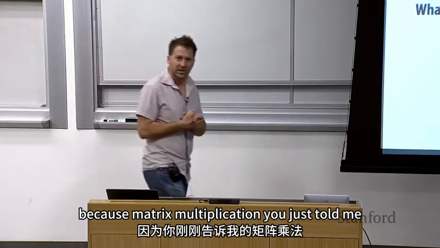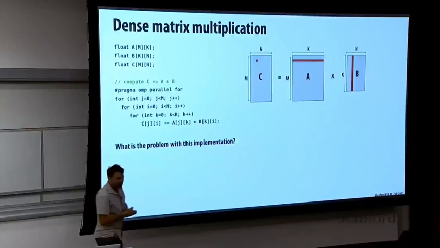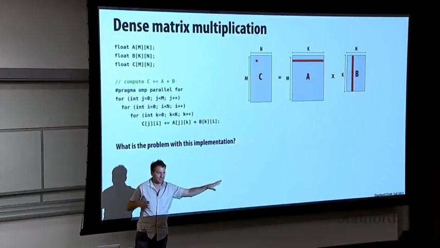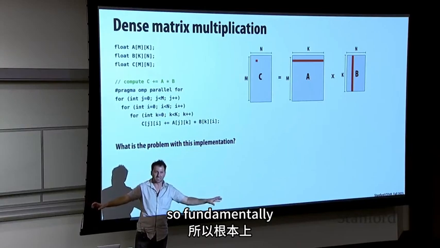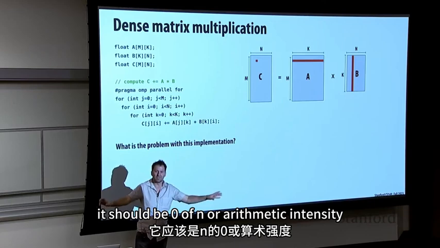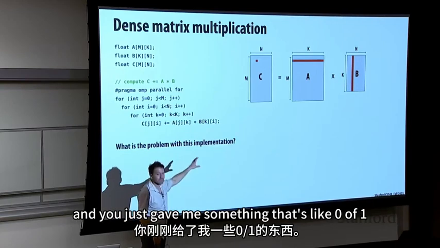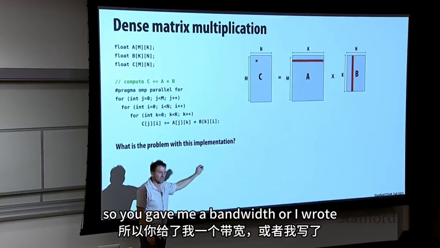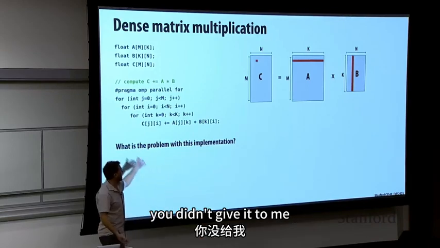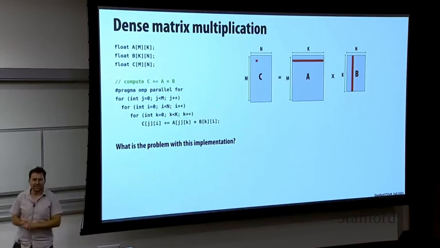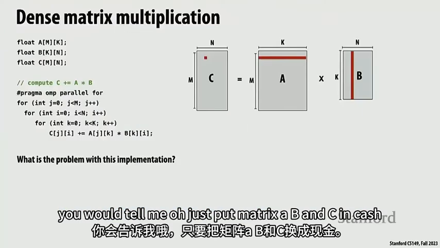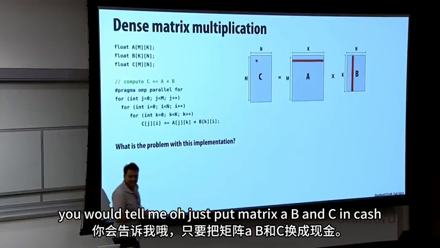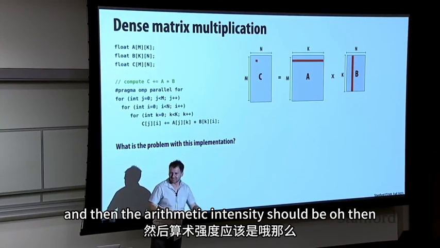Which is a little bit weird, because matrix multiplication, you just told me, is n cubed work for n squared data access. So fundamentally, it should be O of n arithmetic intensity, and I wrote something that's O of 1. Yet if I think about how to do this properly, you would tell me, just put matrices A, B, and C in cache, and then the arithmetic intensity should be O of n.